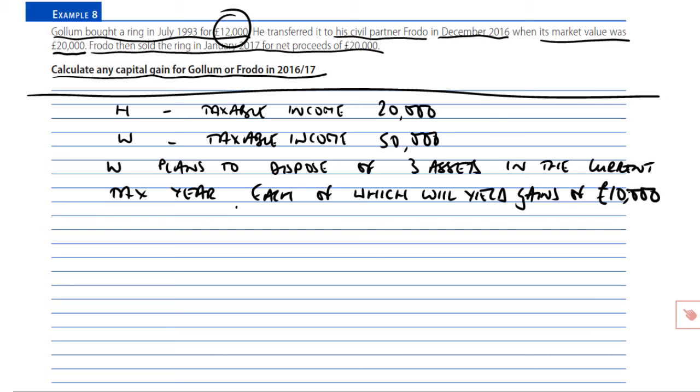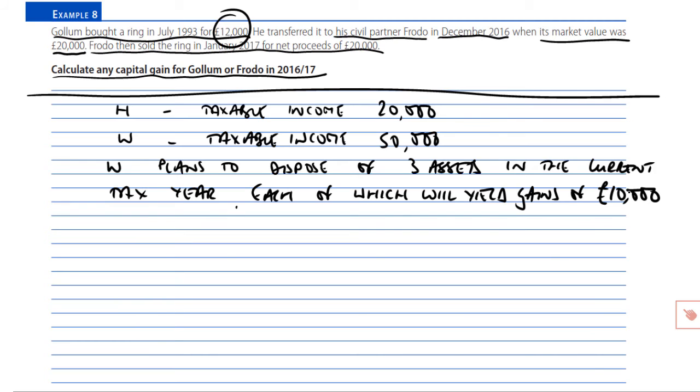So here we've got the husband, who's a mere basic rate taxpayer, and the wife, a higher rate taxpayer, who has the assets that are about to be disposed of. She plans to sell 3 of them, each of which will yield gains of £10,000.